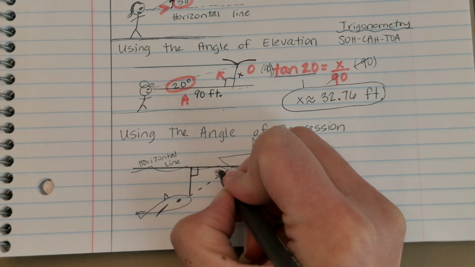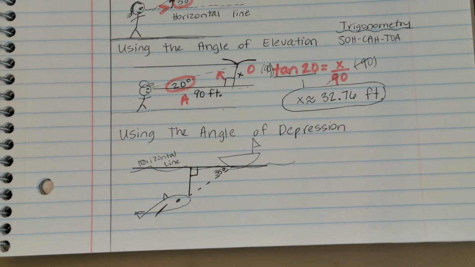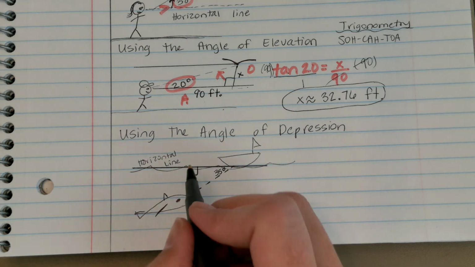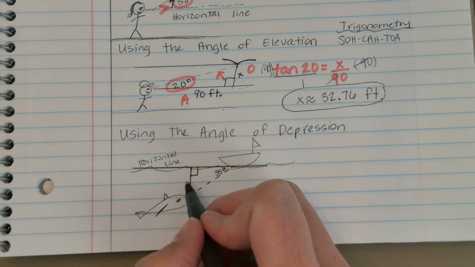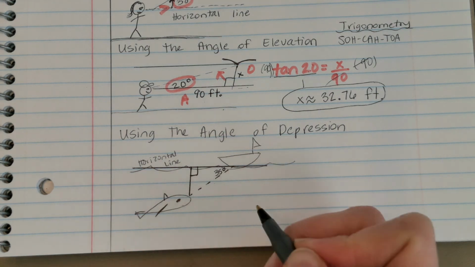I'm trying to fit it in here. 35 degrees. And this time, let's say we know this side, and we'll try to solve for the hypotenuse.